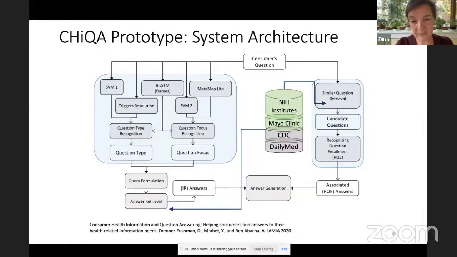So the alternative to that is to use only the reliable sources, which we do for now. And we are focusing on processing the question correctly, extracting all these entities, building these frames, building the searches, and then getting the answers, combining these perfect answers from the NIH resources through question entailment with the answers that we got through the traditional information retrieval pipeline.